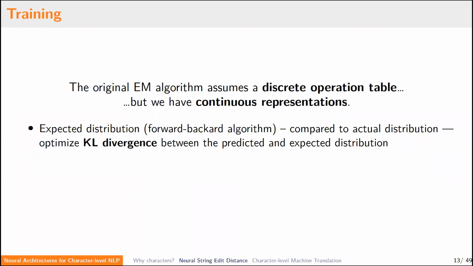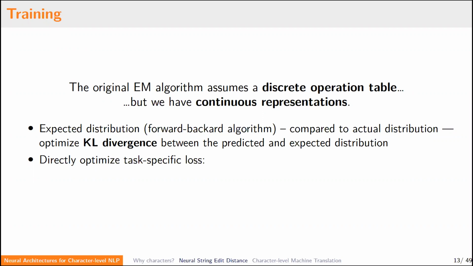We compute the expected distribution with the forward-backward algorithm the same way as we did before. But instead of normalizing the count, because we no longer have the discrete table, we compute the KL divergence between the predicted distribution of operations and the expected distribution computed by the forward and backward algorithm. And this is the trick how we redo the expectation maximization, and also we directly optimize task specific loss.